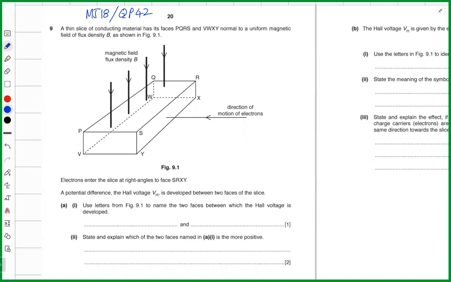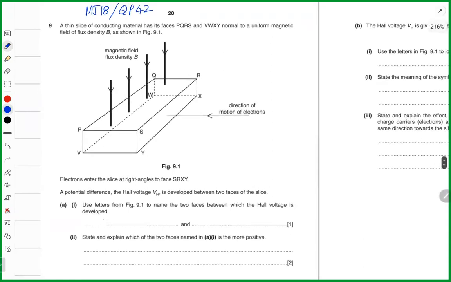Yes, because P, S, Y were in one plane and W was way out of the plane, so that's why I got confused. PSYV. Good. And there will be, like, PSYV is one face. And then what will be the other? QRXW. Good. PSYV and QRXW.